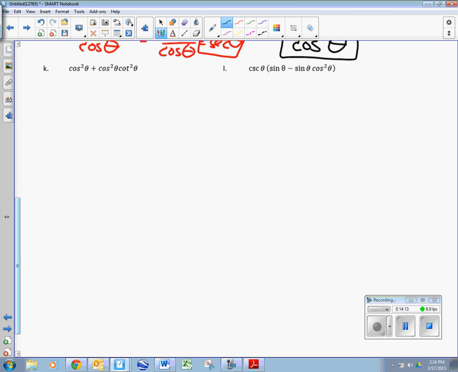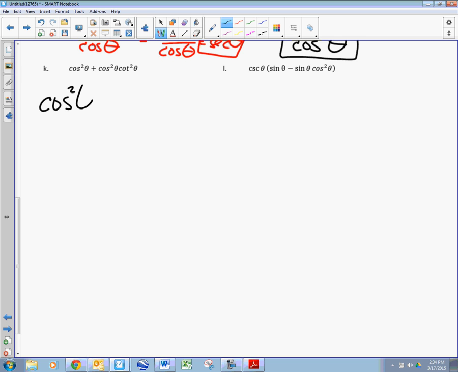Okay, so if I'm not helping you out at all, and you were doing this problem on your own, how would you start letter K? What would you do? Very good.